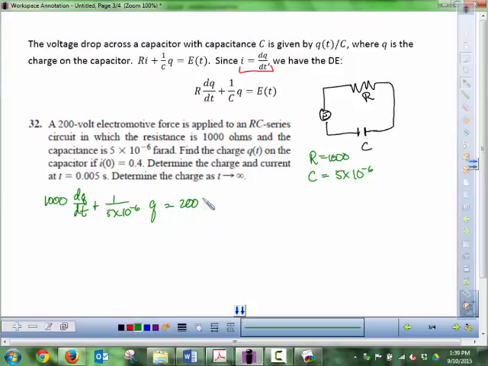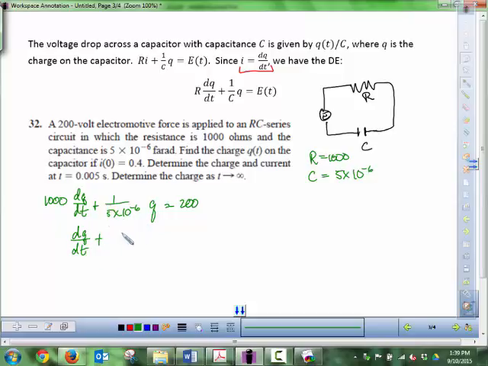Okay, same business. We can think about this as a first order linear differential equation, or we can think about this as a separable differential equation. First thing I would like to do, either case, is to just divide out by that 1,000. Scientific notation here.